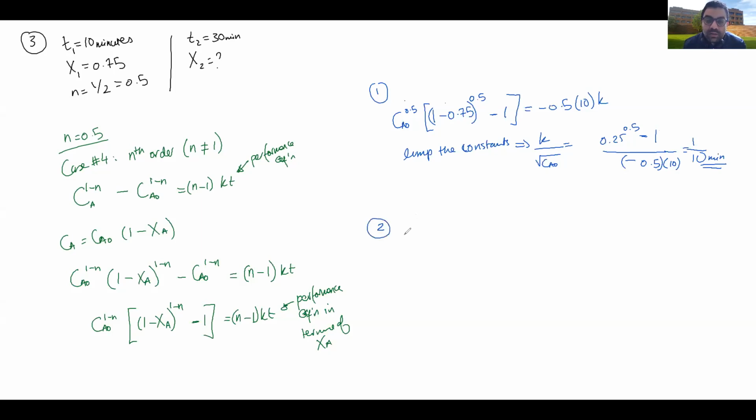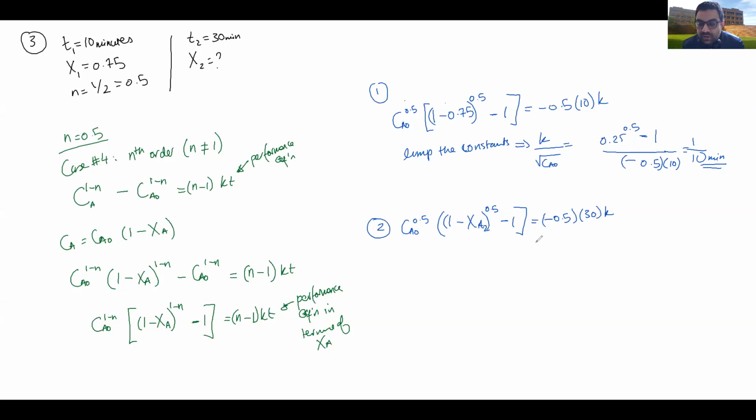So now I'm going to plug in the second set of parameters. So in this case, I have CA naught to the 0.5, 1 minus xa2, or 1 minus x2, to the power 0.5, minus 1, is equal to minus 0.5. For the second case, t is equal to 30 minutes. So in this case, I'm just going to write 30, and then k, right? We're actually solving for x.